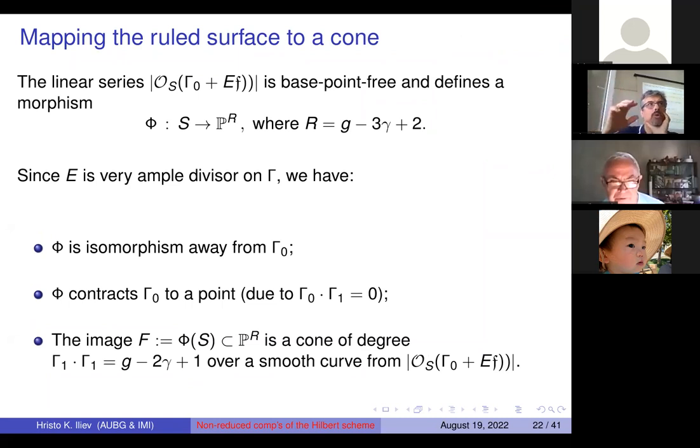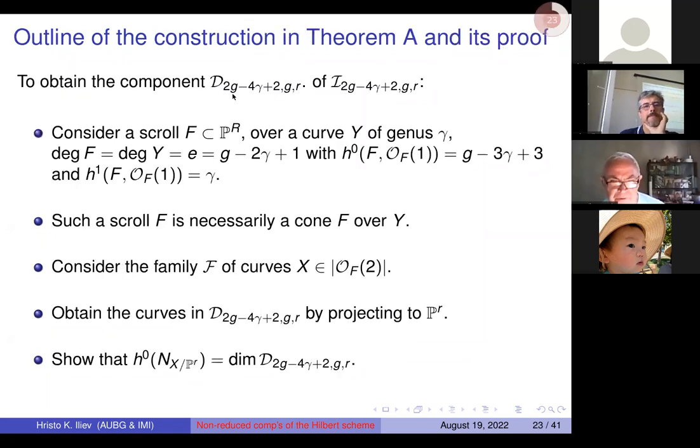Now, why I'm saying all those things that are related to Theorem A, the reason is that I need those things in order to describe the algebraic construction of the curves that are parameterized by the component in Theorem B. Before going there, I just want to mention that the proof of Theorem A essentially goes as follows.